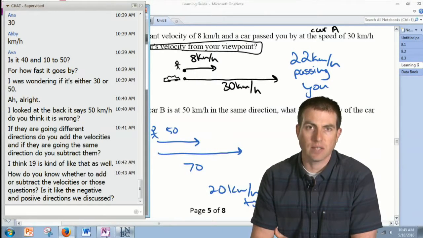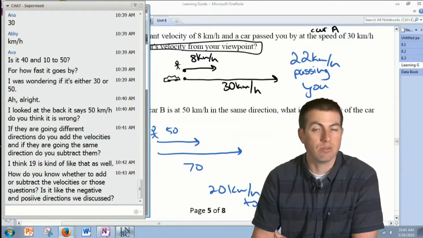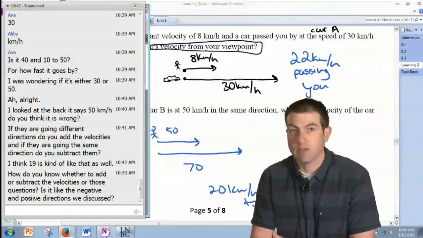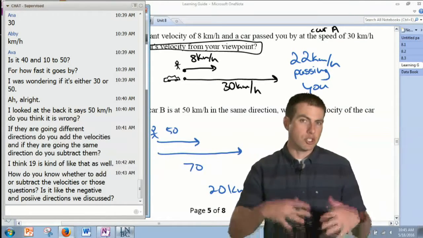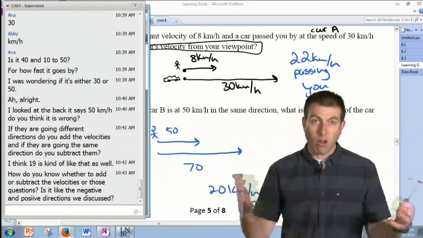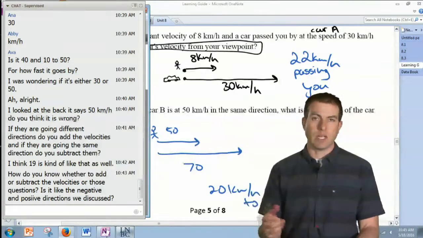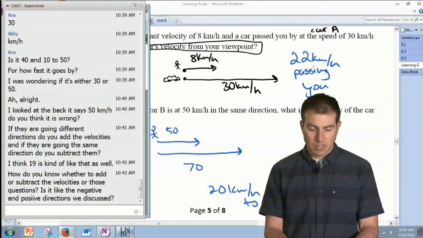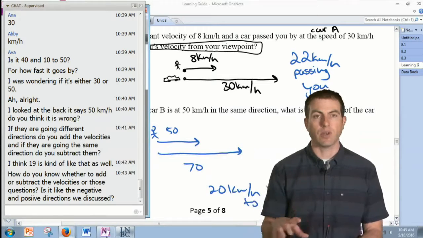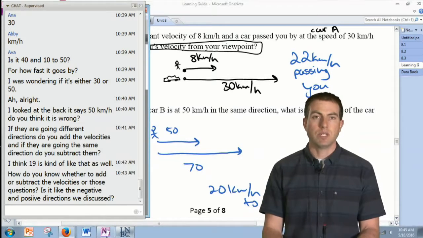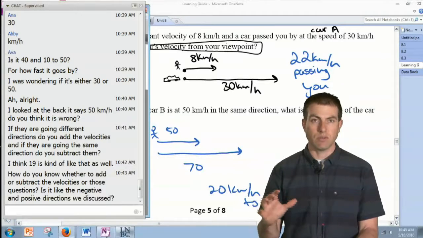So you can get different answers if you're asked to look at car A from B or B from A, or if you're looking from the side of the road. So to come up with a general set of rules for all questions, it's difficult because you're going to have different circumstances each time. So I don't want to say it's always going to be if they're going in the same direction, subtract, if they're going in opposite directions, add, because that won't be the case depending on where you're looking from.